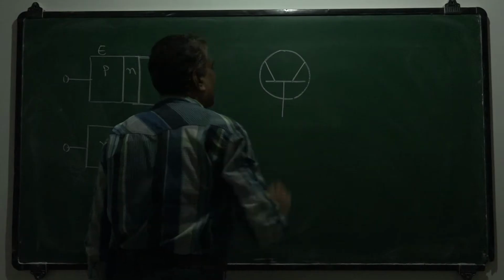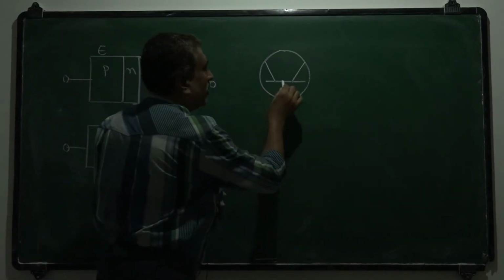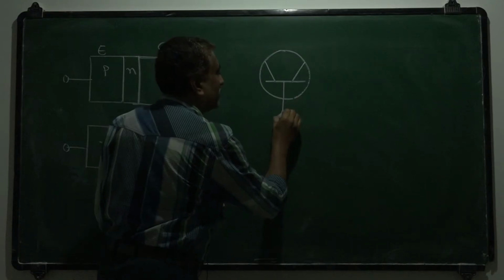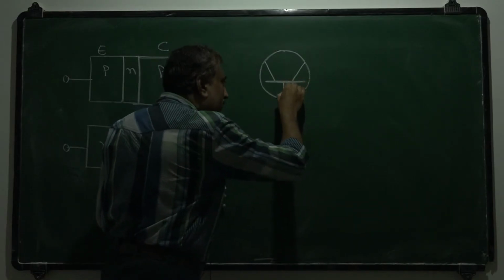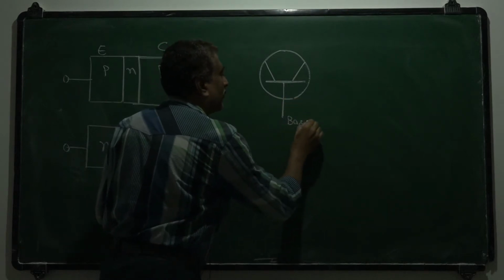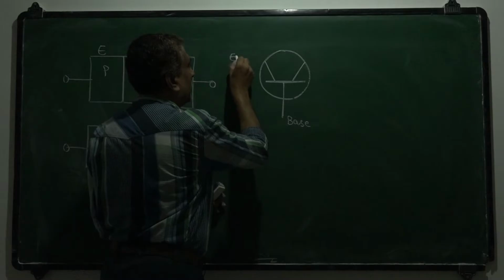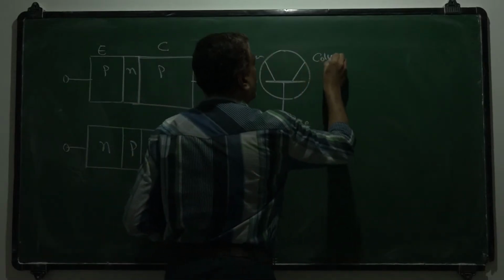So this is the circuit symbol. Here, remember that this straight line at the center is the base. So this is base, this is emitter, and this is collector.